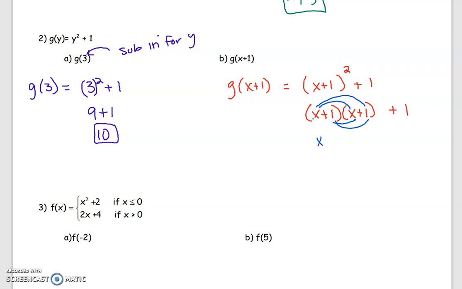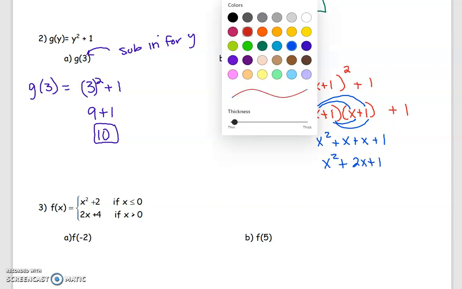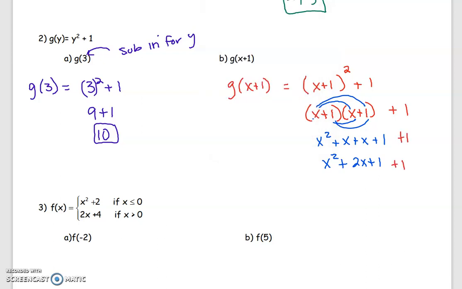So x times x is x squared, x times 1 is 1x, x times 1 is 1x, and 1 times 1 is 1. So this gives me x squared plus 2x plus 1. And then I need to bring my 1 down. And then I'm going to combine to get my final answer of x squared plus 2x plus 2.